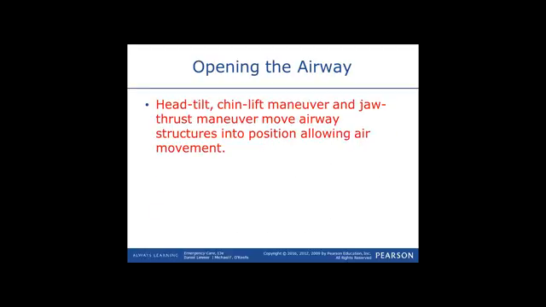Two terms to write down, okay? Write down head tilt, chin lift, and then put a colon, and then write no spinal injury. Below that, write jaw thrust maneuver and a colon, and write spinal injury.